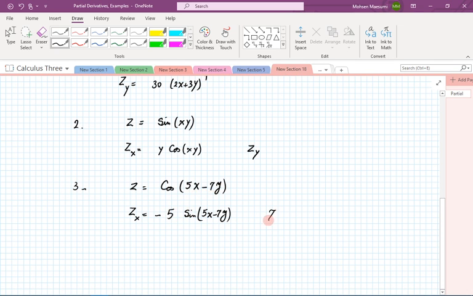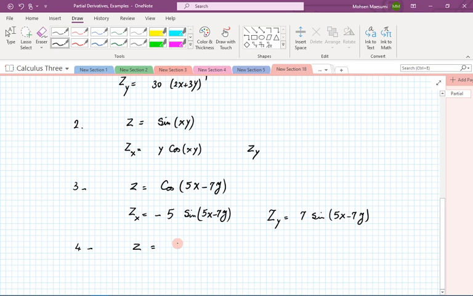How about z with respect to y? Well, a minus 7 is going to come out, and I have a minus before, so it becomes 7 sine of 5x minus 7y. Let's do another example. Say I have z, let's make it a bit more complicated.